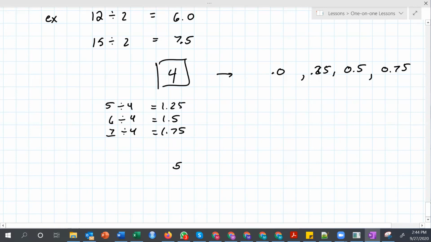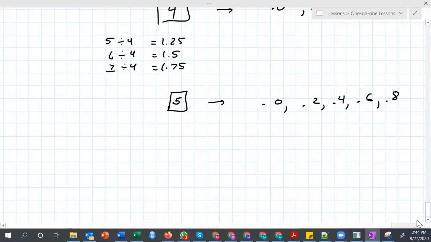So now when you divide by 5, it works out really well also. It gives you answers that end in 0.0, 0.2, 0.4, 0.6, 0.8. So there's certain numbers that work out really well, and those are always going to give you what's called a terminating decimal.